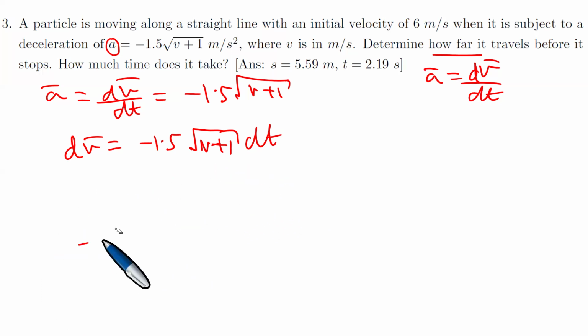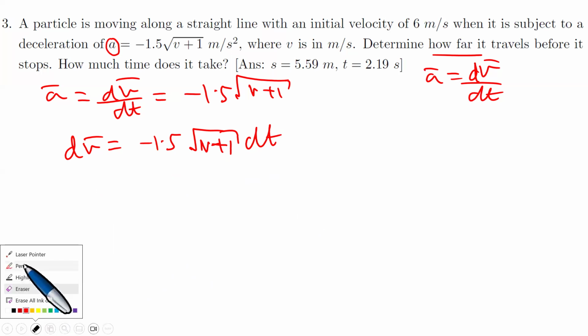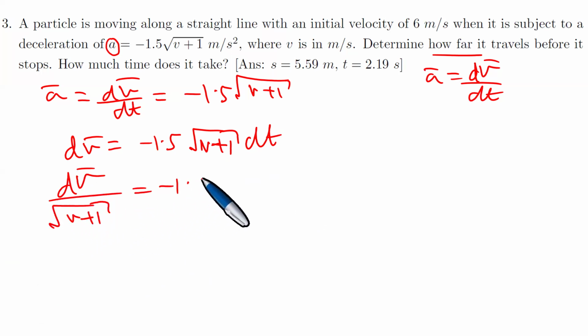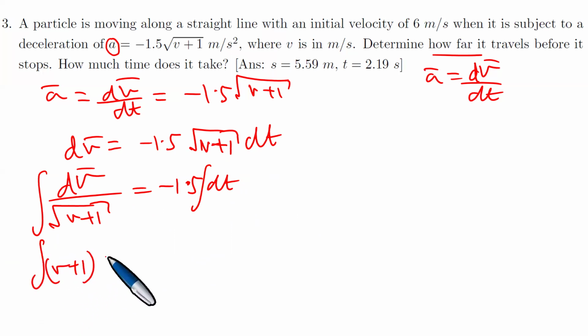Right, we need to do separation of variables. Which means we have dv, and dt, and then you perform the integral here, like that. Meaning that now the integral is going to be exactly v plus 1. You can take it to the top. Fine.